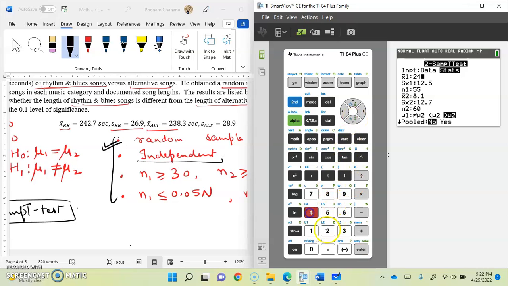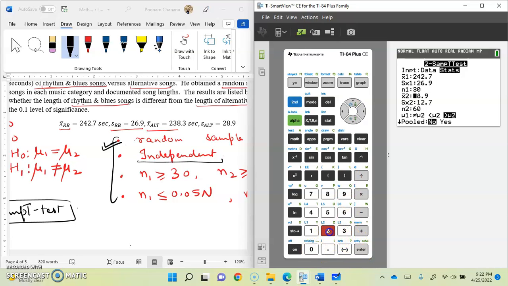X1 bar is 242.7. S1 is 26.9. X2 bar is 238.3 and S2 is 28.9. Oh, I still need to enter n1. n1 is 30.